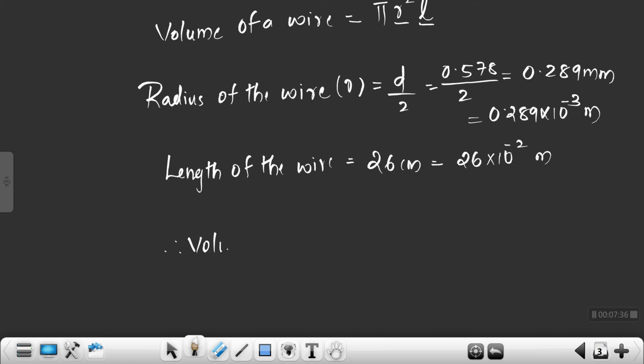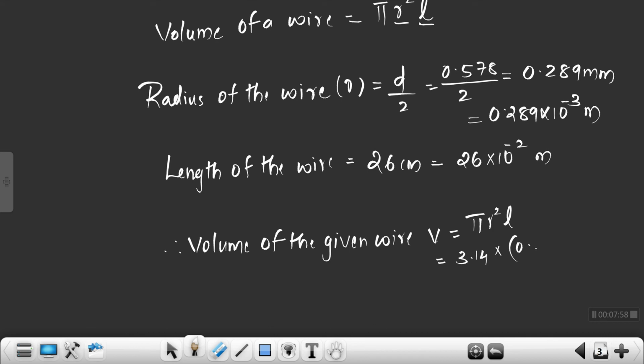Therefore volume of the given wire, V is equal to pi r square L. Substitute the values of pi, r and L. 3.14 into 0.289 into 10 raised to minus 3 the whole square into 26 into 10 raised to minus 2.